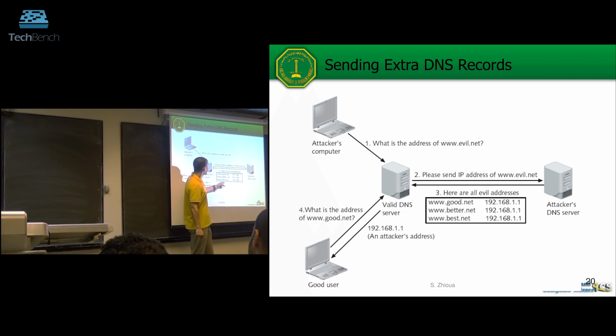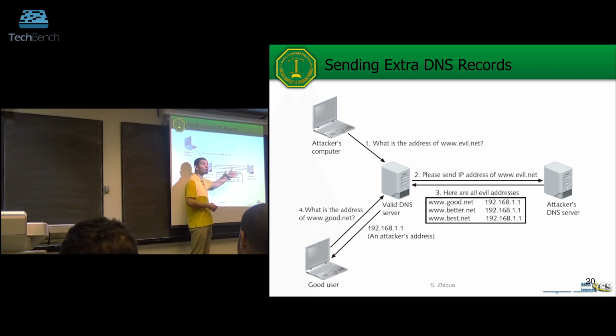So here, the goal of this attacker is to make this user believe that good.net is this IP. What it does is wait until the DNS server asks for its own or another address, and instead of just answering with the evil.net IP, it answers with extra IPs, extra mappings.